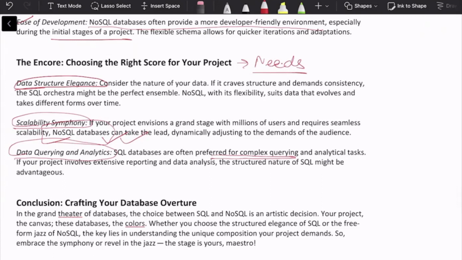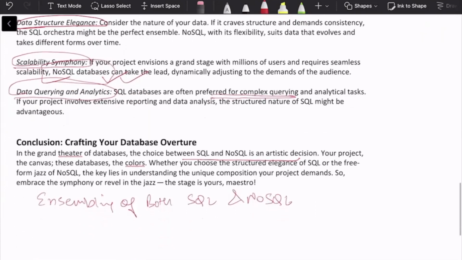The choice of whether you should go with SQL or NoSQL is actually an artistry. It comes with experience, and there are various pros and cons of using SQL versus NoSQL. But my experience has been that ensembling both SQL and NoSQL actually helps a lot in the longer run.